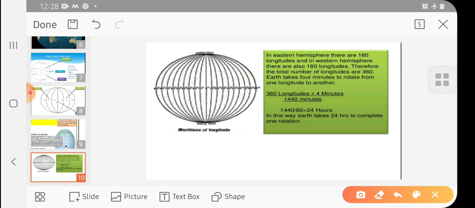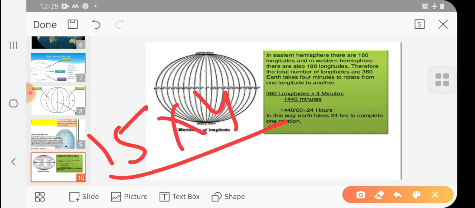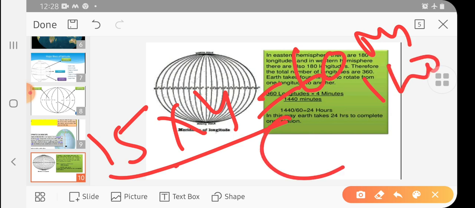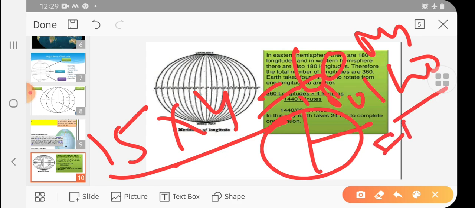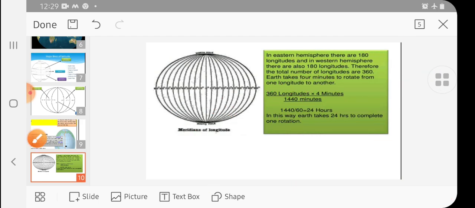For better understanding, 15 into 4 is 60, and 60 minutes means 1 hour. When we count the line from here to here, 180, you can easily divide by 15, that is 12, and 12 this side, so the 24 hours are there. So in this way the earth takes 24 hours to complete one rotation.